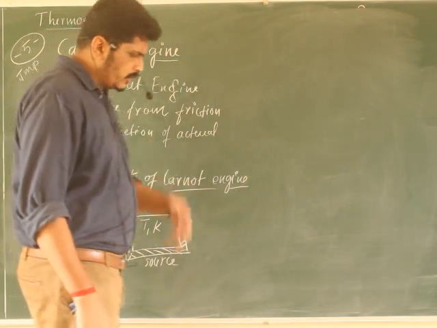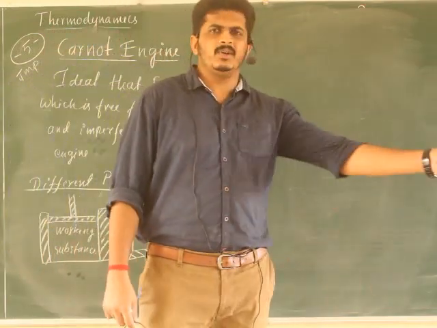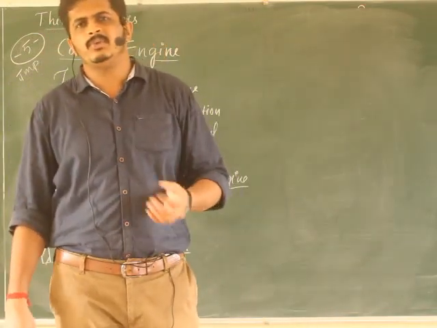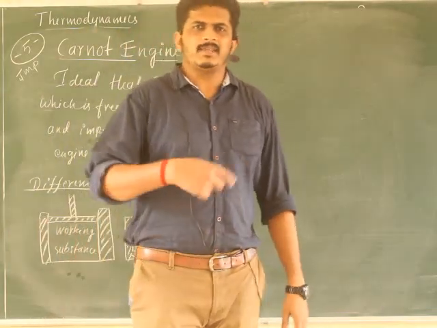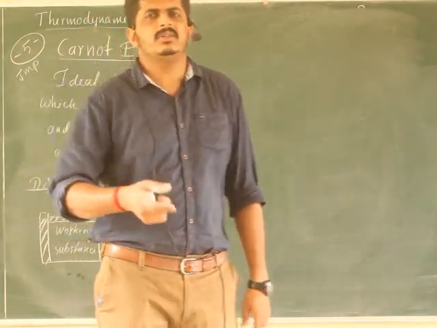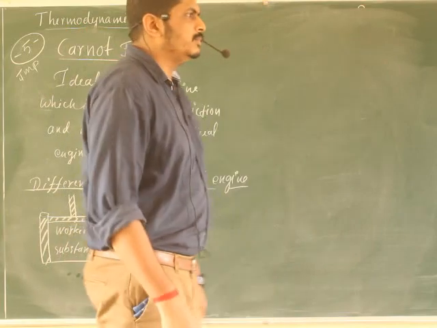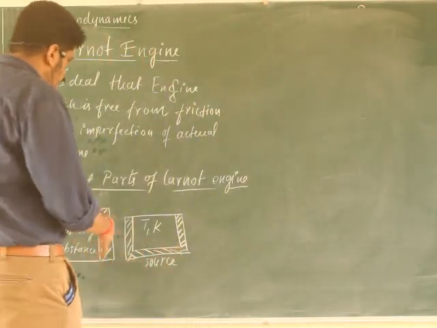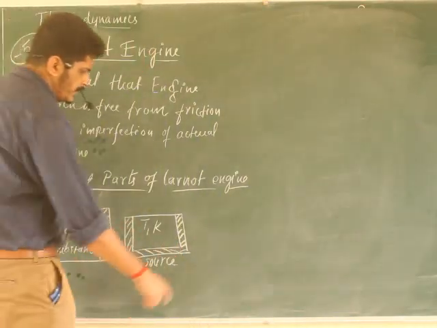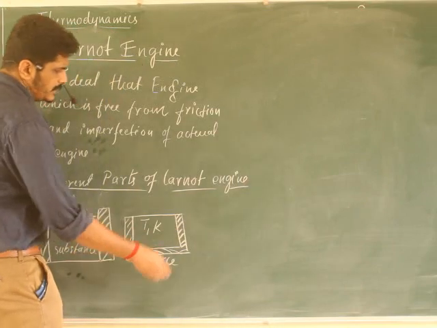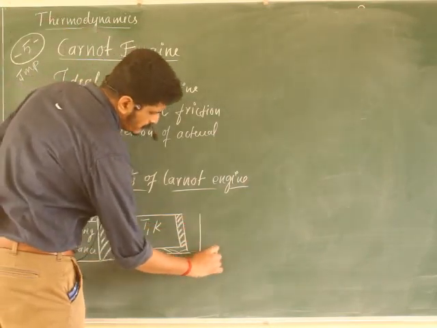Now if you want to cool down the system, as in a car engine, of course, coolant will be there, or water was used in olden days. Water has the highest specific heat, that is why it is used as a cooling agent. Now, to cool the system we require something. Like the source, one more thing is there, called the sink.